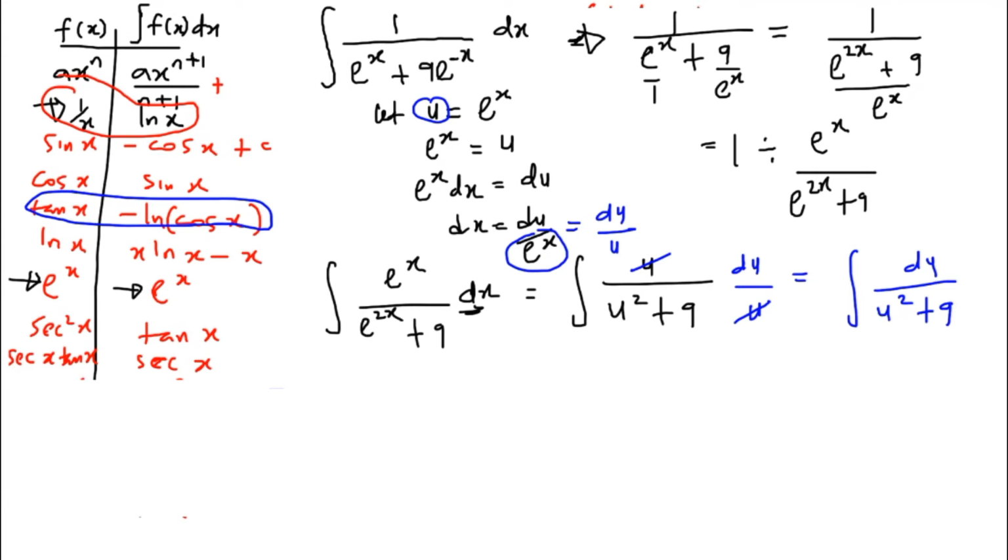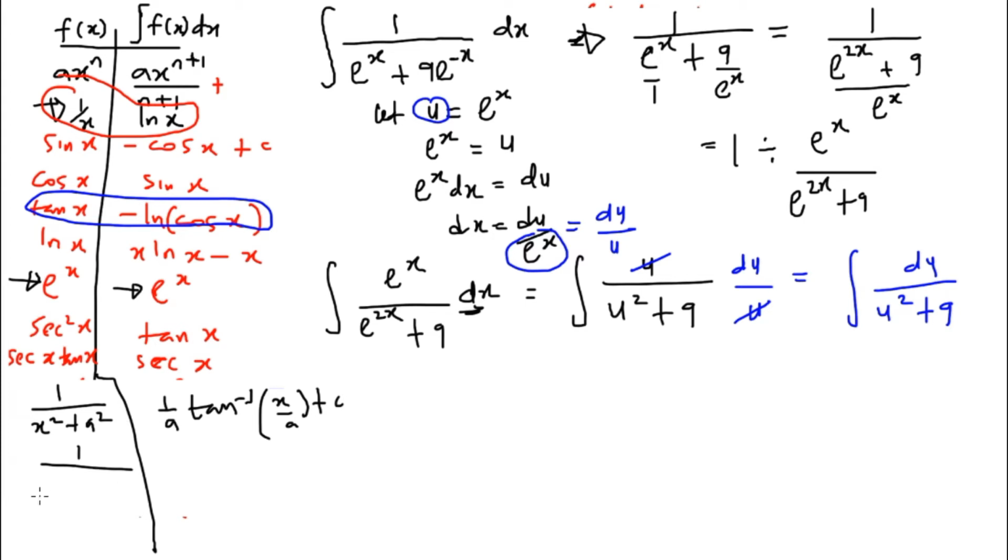Now you need to note that if you integrate some functions such as 1 over (a squared plus x squared), you will have 1 over a, then arctan of x over a plus c. Now let's say you have another function such as 1 over root of (a squared minus x squared).